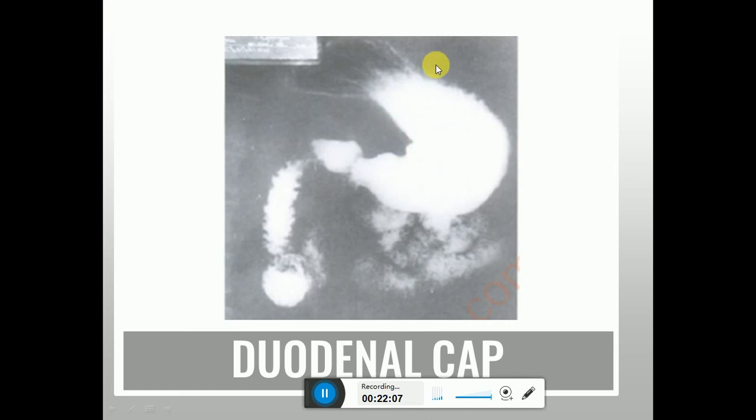This one is the lesser curvature, this one is the greater curvature, and here begins the first part of the duodenum, or the beginning of the duodenum. This forms the duodenal cap.